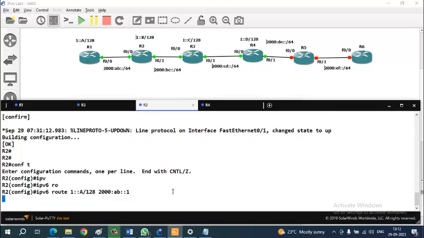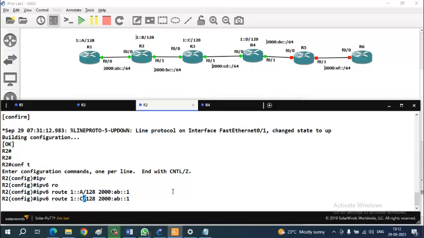And if you want to go to C, 2000:BC::3 you will give. And for D also you will give the same thing.